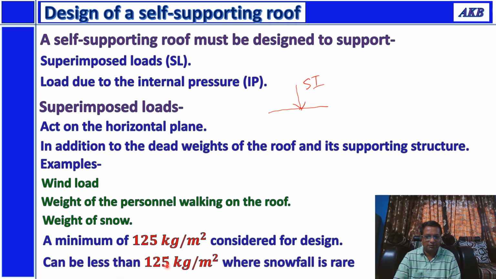You can use a lesser value in the case where snowfall is very rare. If there is no snowfall, or even if it is rare, then you can use a lesser value for the superimposed load. It could be less than 125 kg per meter square.